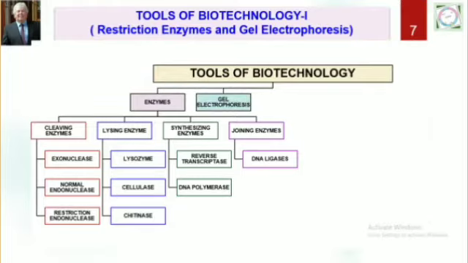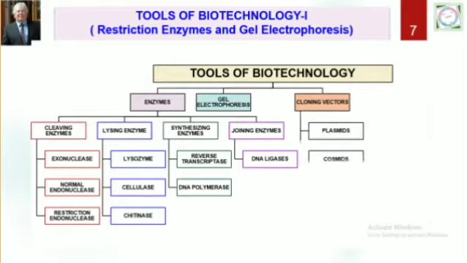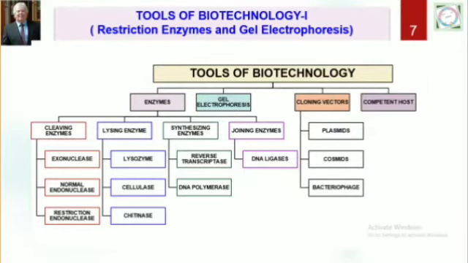Then we talk about gel electrophoresis, the technique which is used to separate the DNA fragments. Then cloning vectors or vehicular DNA, which includes plasmids, cosmid, bacteriophage, and some others.